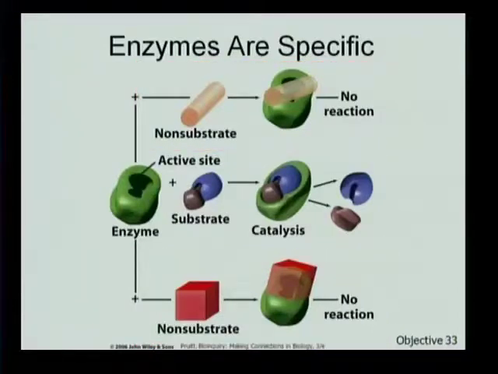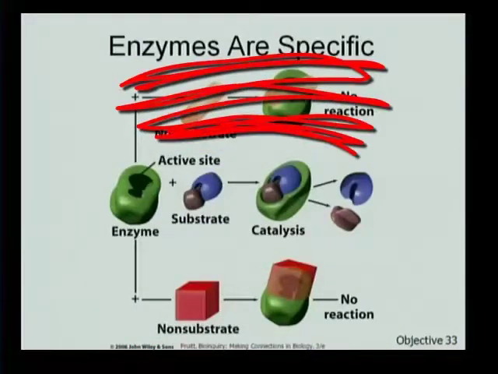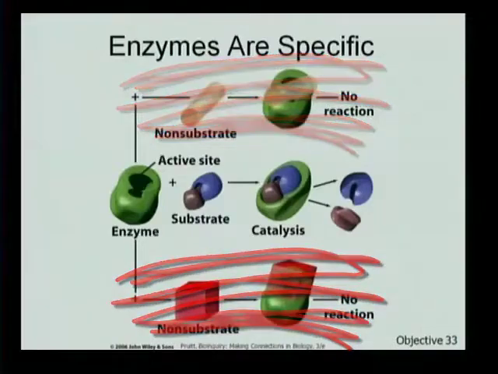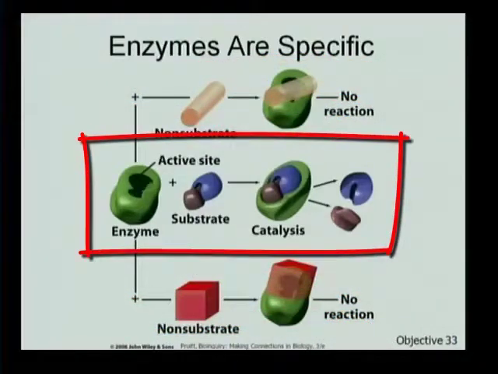So this enzyme doesn't act on cylinders, and it doesn't act on cubes. It acts only on these complicated shapes that form the substrates of the reaction that this enzyme is going to carry out. In other words, the complicated shapes that fit into the pockets that this enzyme is designed for.